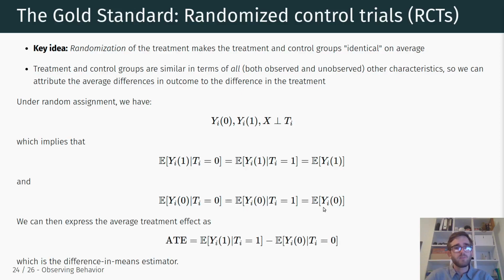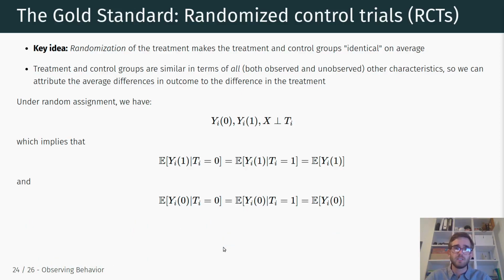So if the potential outcomes are independent of treatment assignment, and both potential outcomes are equal across treatment and control assignment, then we can express the average treatment effect as simply the expectation of the outcome conditional on being assigned to the treatment minus the expectation of the outcome conditional on being assigned to the control.